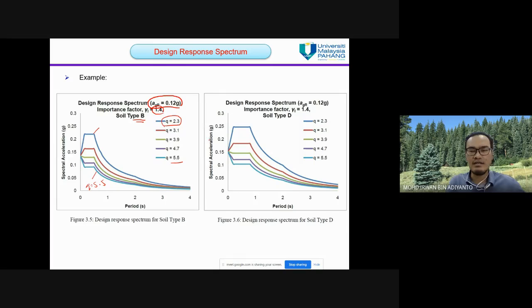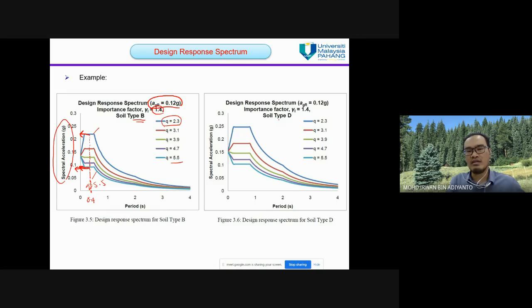We can see the higher value of behavior factor tends to give smaller value of spectral acceleration at similar fundamental period of vibration. Let's say the period of vibration is 0.4. If we use q factor equal to 5.5, the spectral acceleration is here. And if we choose q factor 2.3, the spectral acceleration is here.